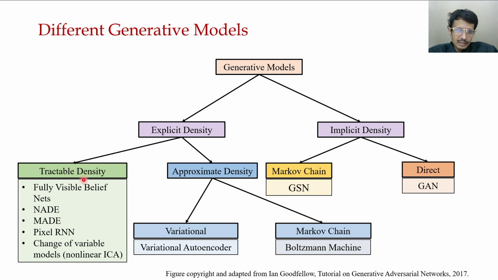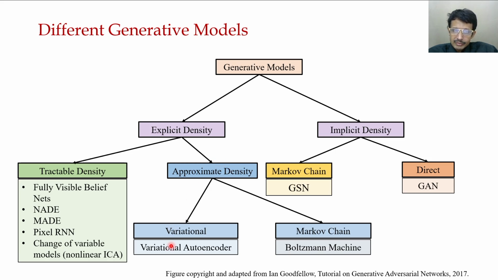Tractable density examples are fully visible belief nets, NADE, MADE, PixelRNN, and change of variable models like nonlinear ICA, where the density can be tracked. Somewhere we approximate this density.